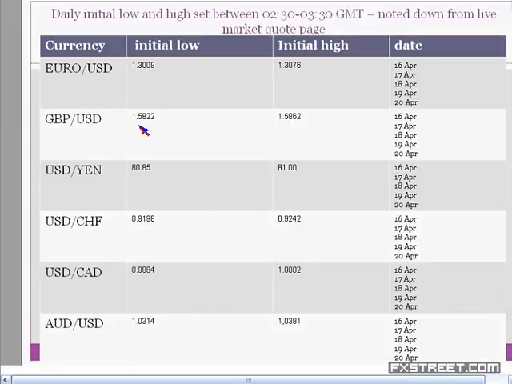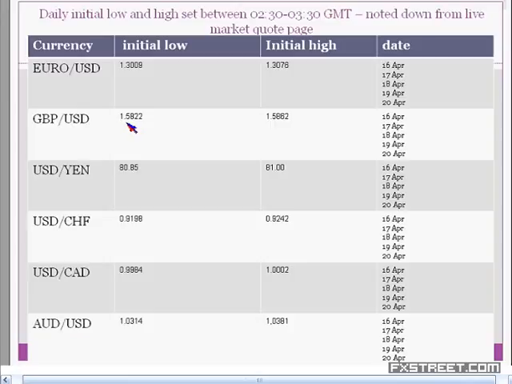And in the case of GBP, it is 1.5822, 1.5862. They have not breached the lower low-high. And in the case of Euro also, they have not breached the lower low-high formed around 3:30 GMT. And USD JPY, 80.85, 81, they breached the low 80.85 and came down to 80.60 on the downside, and currently trading around 80.61 in USD JPY because of the Japanese session.